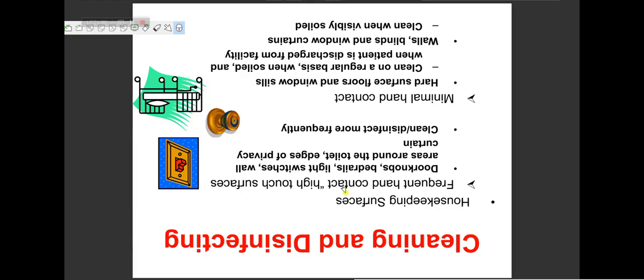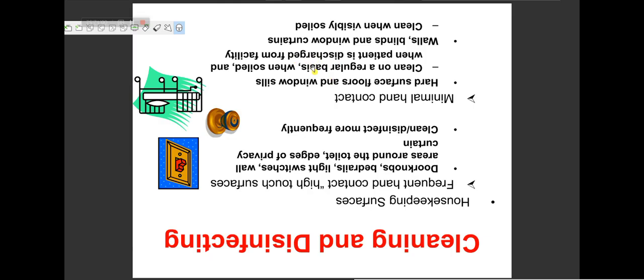Now housekeeping surfaces, right? Frequent hand contact, high-touch surfaces like doorknobs, bed rails, light switches, wall areas around the toilet, edges of the privacy curtain should be cleaned and disinfected more frequently, every day, because through these, infections can come into the operation theater.